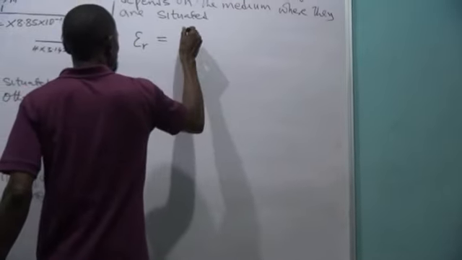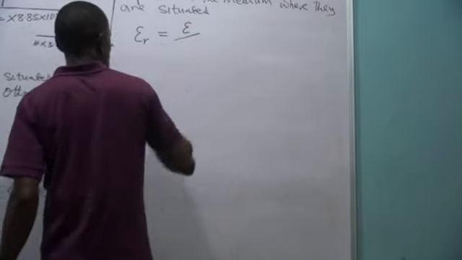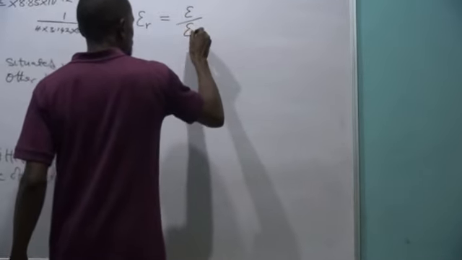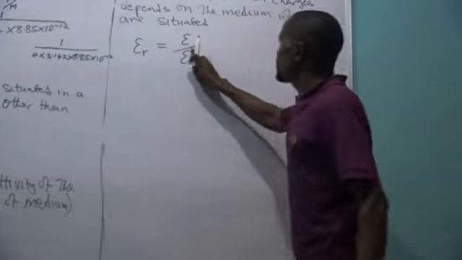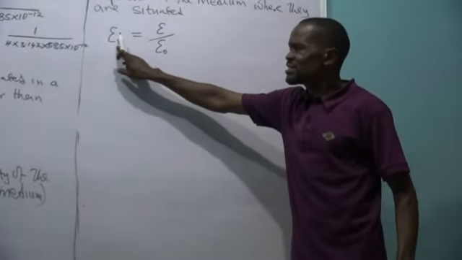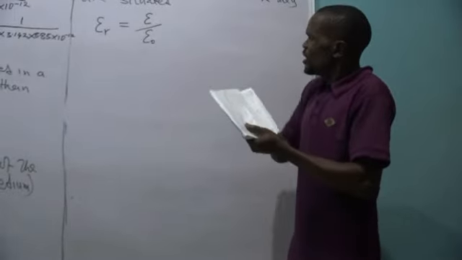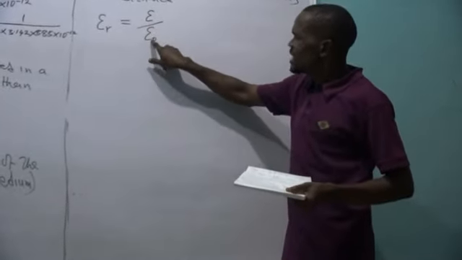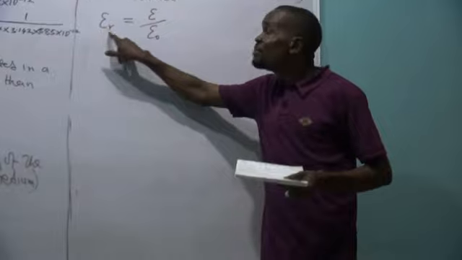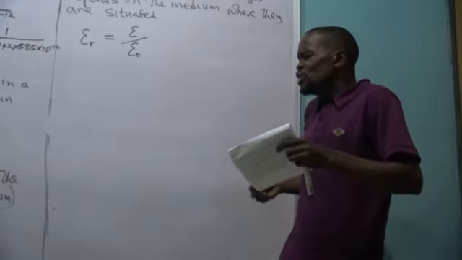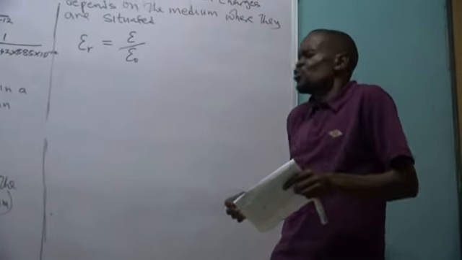We say that εr is equal to ε over ε0. This becomes the effect and this becomes the constant. This shows the deviation. If ε is greater than ε0, it means that the force will be less.